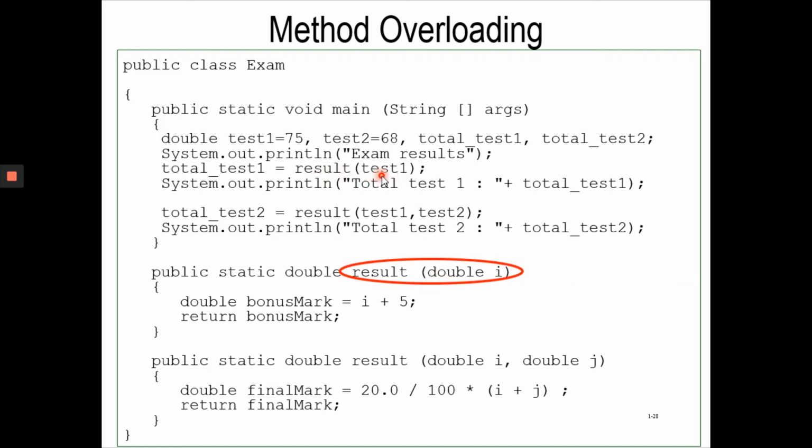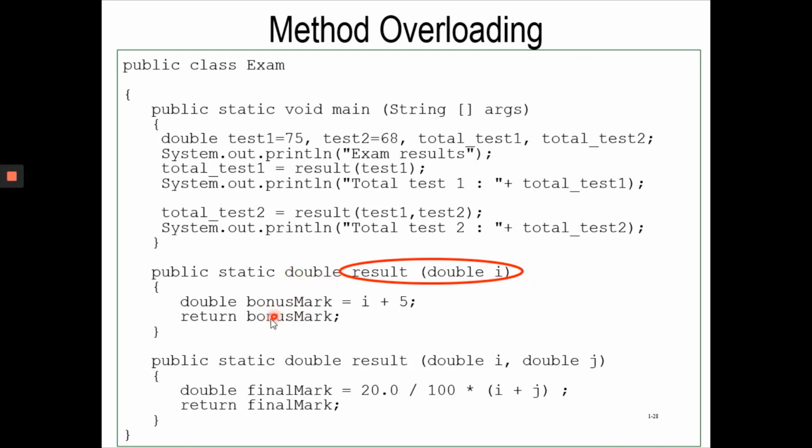So we are going to send test1, which is 75. So 75 will be sent to variable i. What we do in this method is 75 plus 5, and you are going to get 80. And you are going to return the bonus mark. So this 80 will be kept in variable bonusMark, and you are going to return 80 to the caller. Why do we have double in the method header?